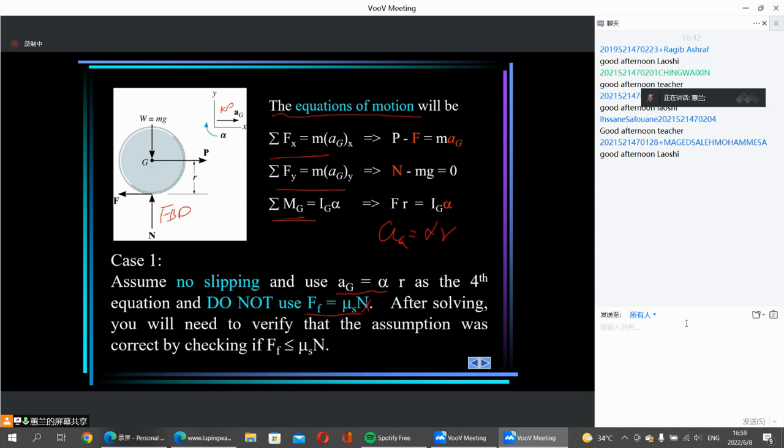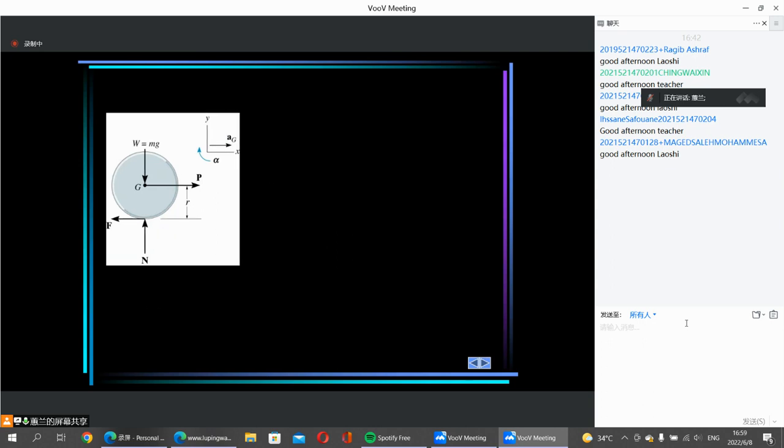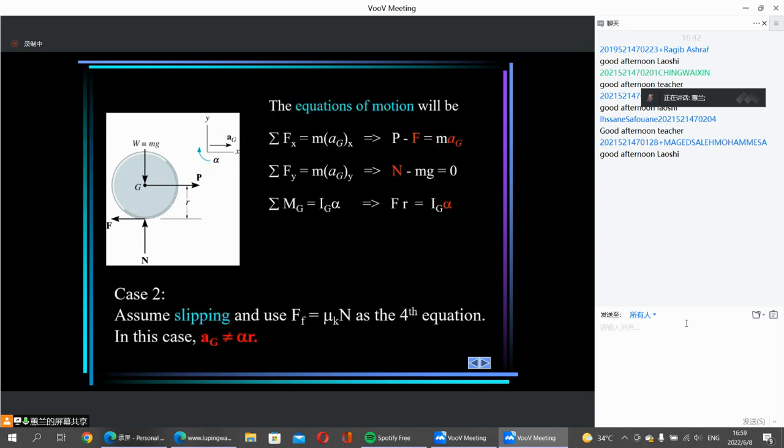But after solving, you need to check whether your assumption is correct or not. Only when the friction force is smaller than the maximum static friction force does the disk really roll without slipping. If you find F is actually larger than the static friction force, that means the disk is rolling with slipping.